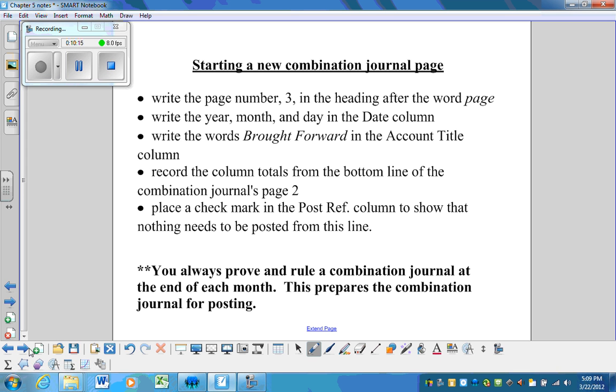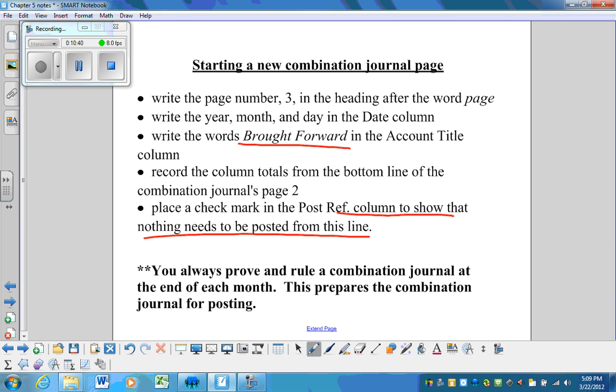In the heading, after the word, you want to put the year, the month, and the date. You need to use the words brought forward, because that's what you did, you brought forward all of those totals, and you need to put all the totals in there. And you place a check mark in the post reference column to show that nothing needs to be posted. You don't know what that is yet, but you will.